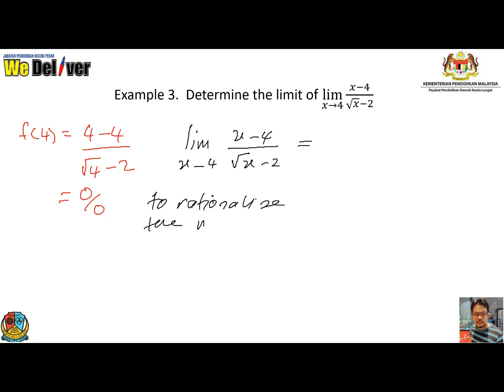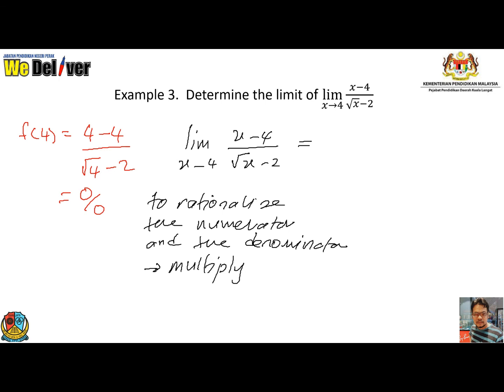Multiply both the numerator and the denominator of the function by the conjugate of the denominator.